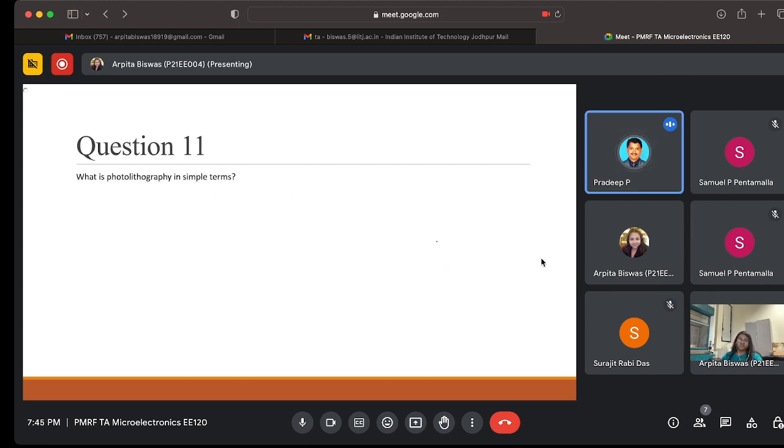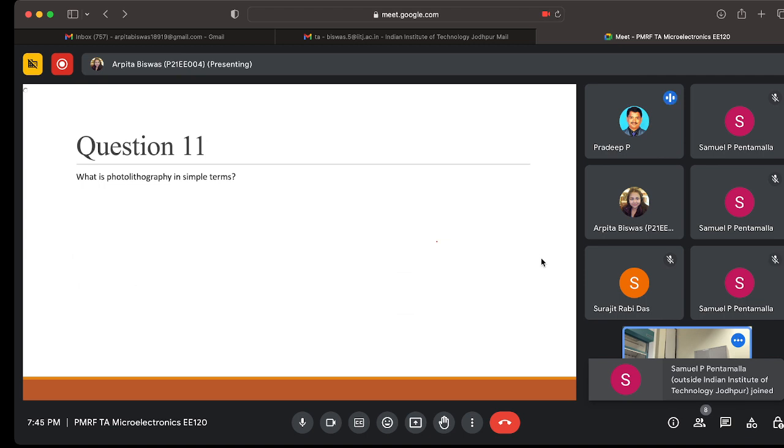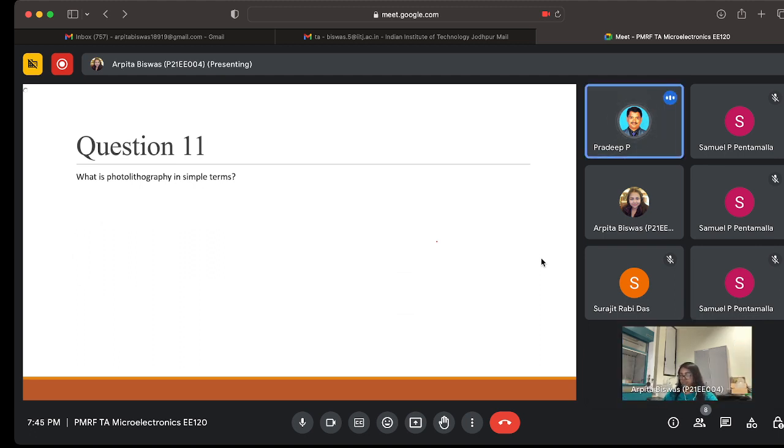So now we are starting to discuss some of the fabrication processes. Have you heard about this photolithography process? Yes. Can you explain a little bit what the photolithography process is and what we do in this process? To get selected portions of a substrate on which we are going to diffuse the n plus source and drain.